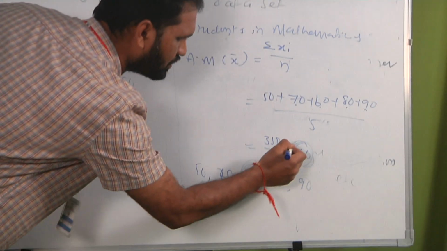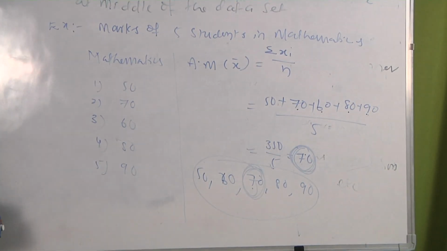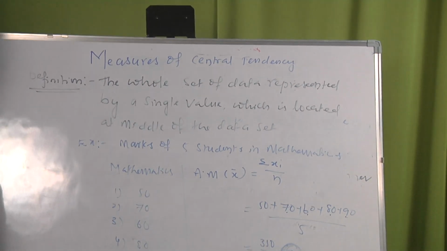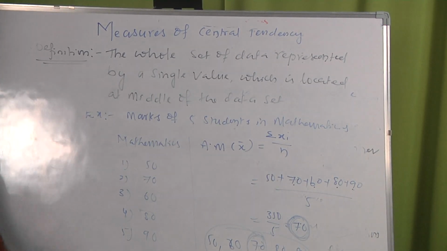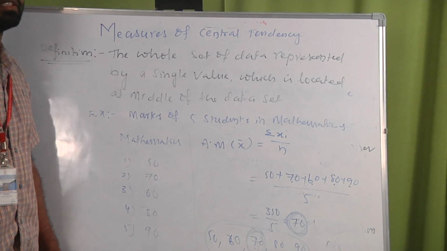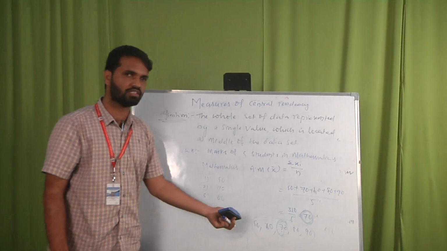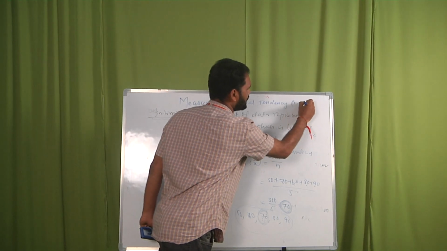This single value represents the entire set of data. So that is called a measure of central tendency. Median is also a measure of central tendency. Another name for measures of central tendency is measures of location or averages.